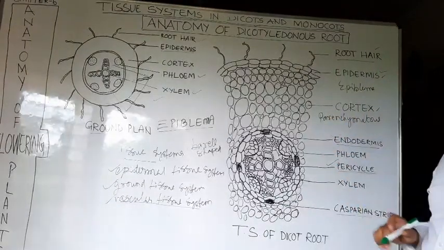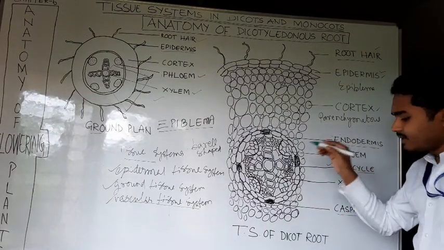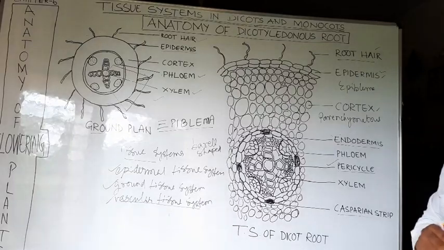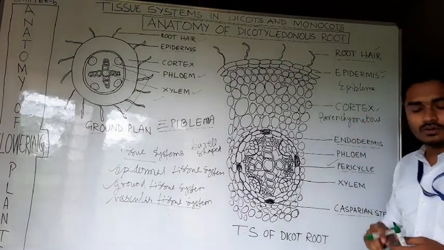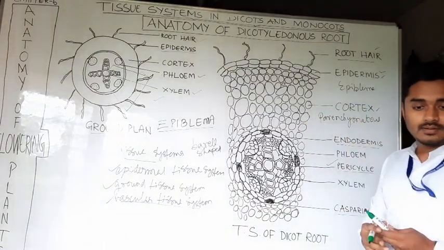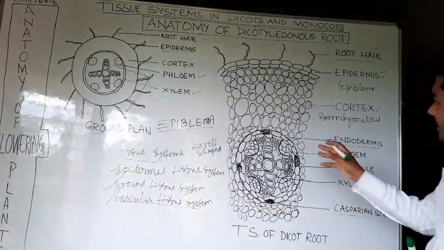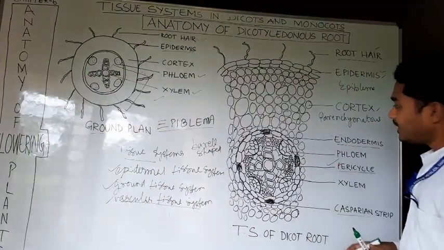But when we study the monocot root, the pericycle will give rise only to lateral roots but not to the vascular cambium. So that's why in monocot roots we see that there is no secondary growth. Then next we come to the vascular tissue system or the vascular bundles.